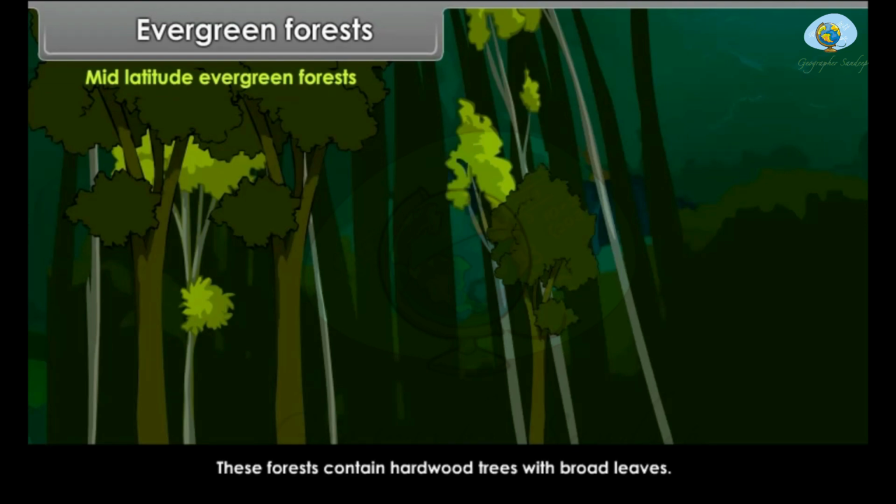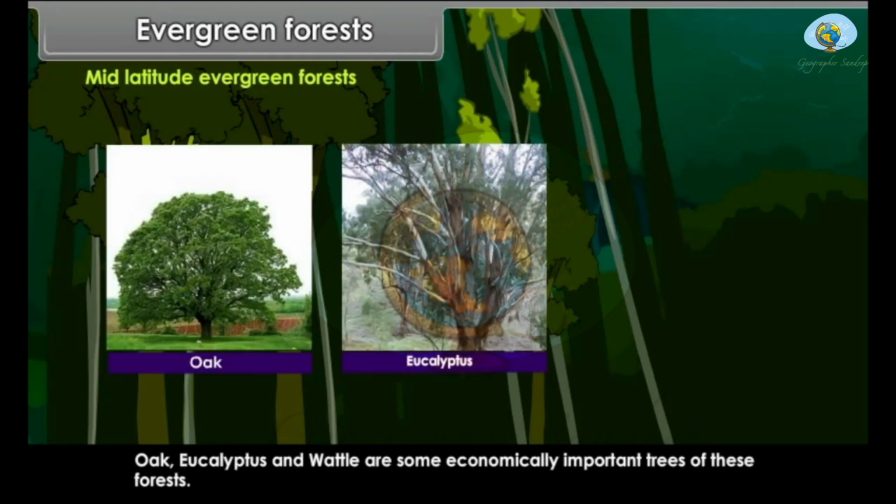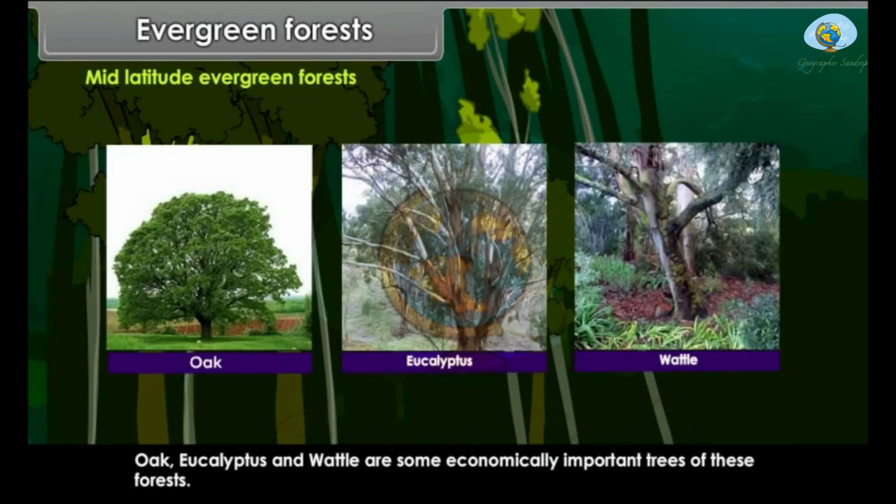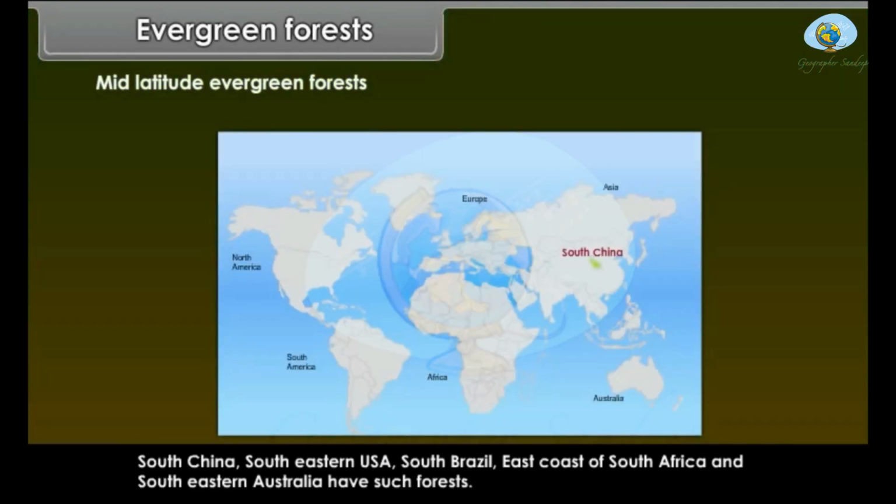These forests contain hardwood trees with broad leaves. Oak, eucalyptus and wattle are some economically important trees of these forests. South China, southeastern USA, South Brazil, east coast of South Africa and southeastern Australia have such forests.